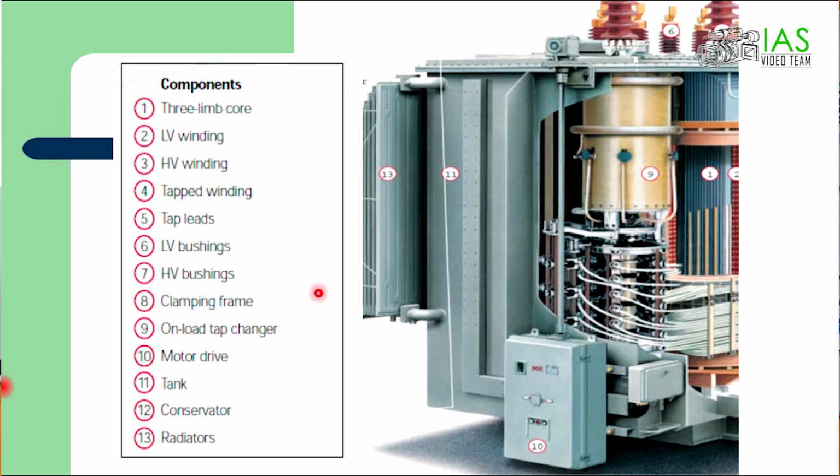Number 7 is the HV bushings, and the on-load tap changer is here, with the motor drive for the on-load tap changer, which is number 10. The transformer tank is number 11, and then the conservator, and the radiators are here.